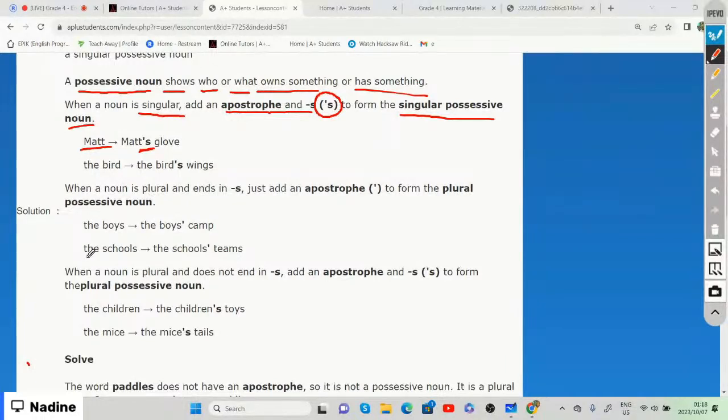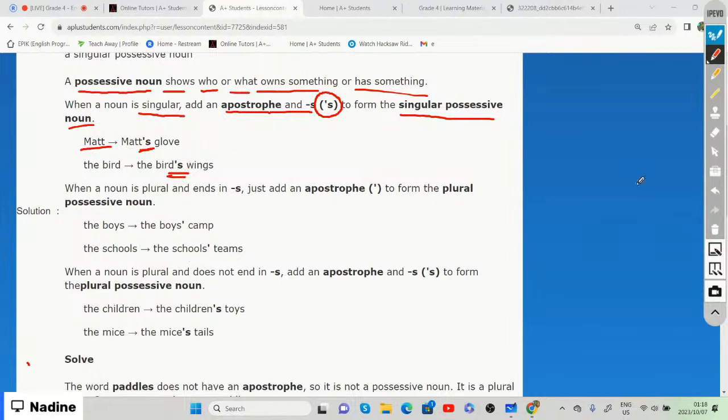So we say the bird's wing because we don't have wings, but the birds, they have wings. So it belongs to the bird. It's the bird's wing. And there we added the apostrophe and the S to the end of that word.